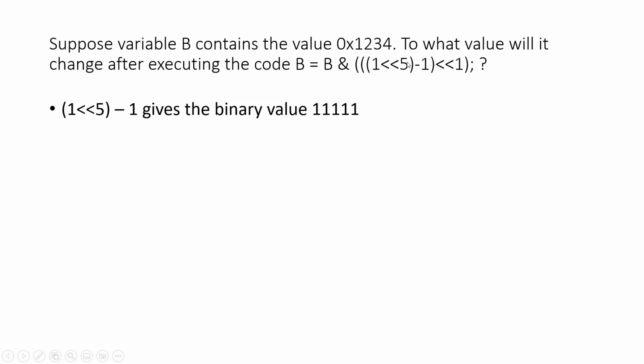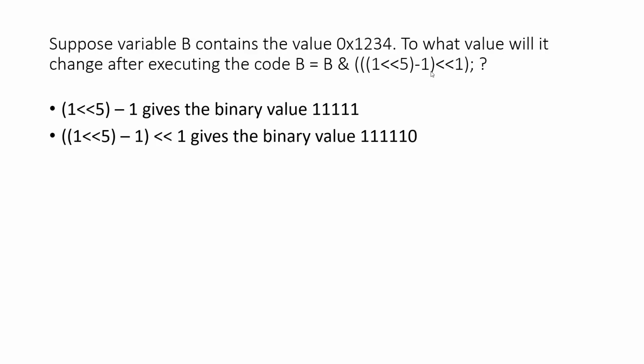Then you have those 5 1 bits and you shift them 1 bit to the left. So you still have 5 1 bits turned on, but now you have a 0 on the right-hand side.